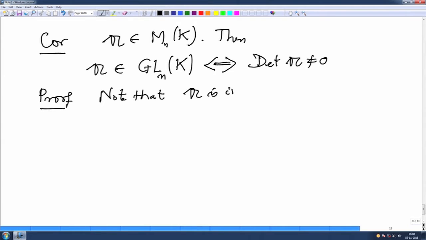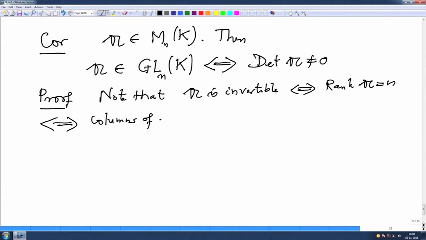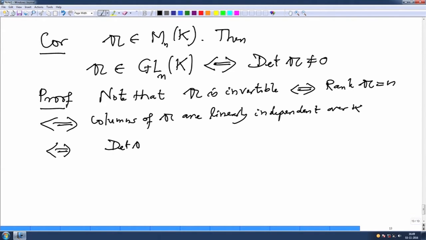A is invertible if and only if the rank of A is n, that is, if and only if the columns of A are linearly independent over K, that is, if and only if det A, which is by definition the standard delta function evaluated at the columns x1 to xn, is non-zero.